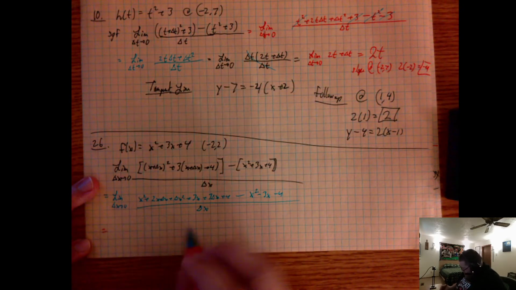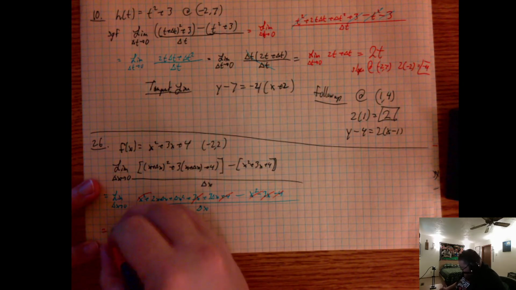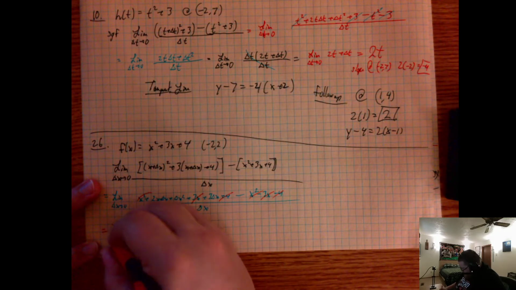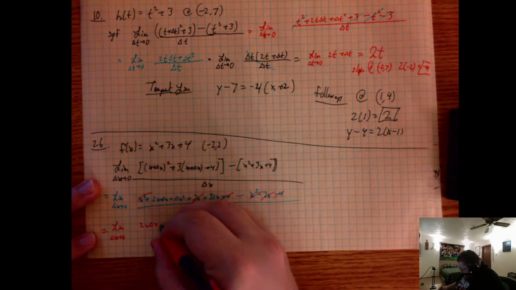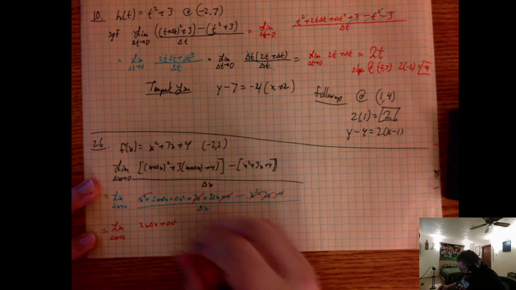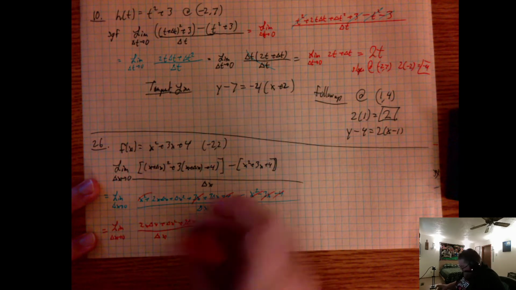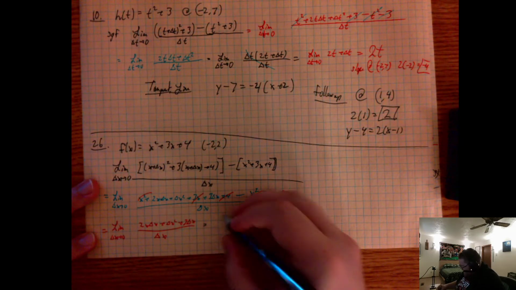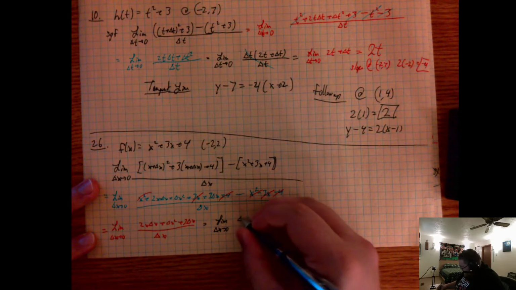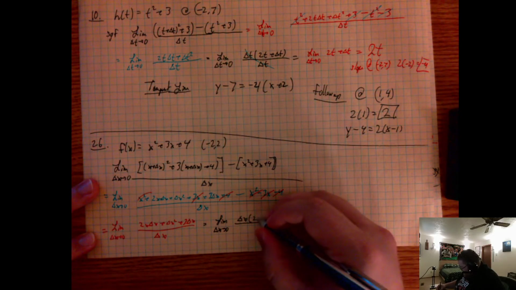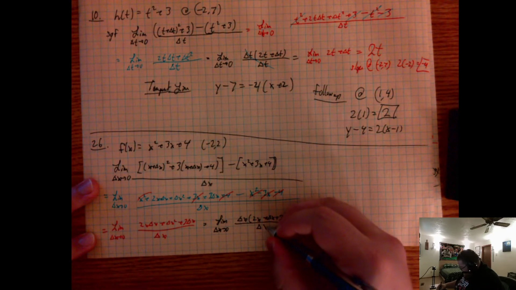From here, cancel, cancel, cancel, cancel, cancel, cancel. I'm left with the limit as delta x approaches 0 of 2x delta x plus delta x squared plus 3 delta x all over delta x. From here, I can factor out the delta x, giving me the limit as delta x approaches 0 of delta x times 2x plus delta x plus 3, all over delta x.